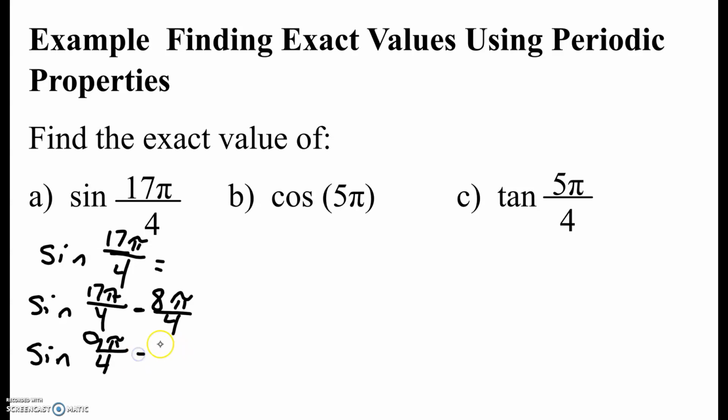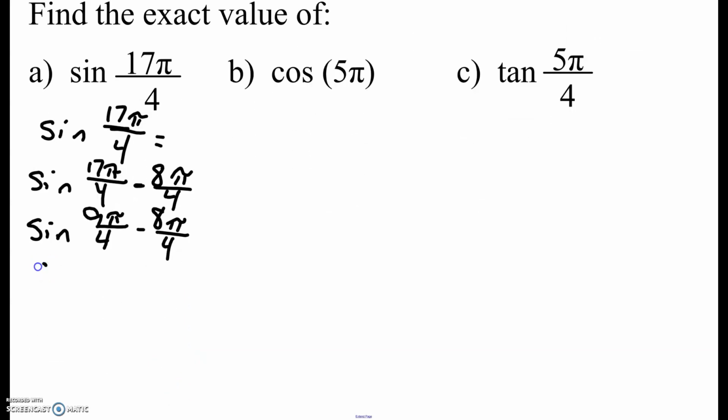So I'm going to subtract another 2 pi, which is the same as 8 pi over 4. And I'm going to get the sine of pi over 4. And if I look at my unit circle, I can figure out what sine pi over 4 is. It's the square root of 2 over 2. That would be my answer.